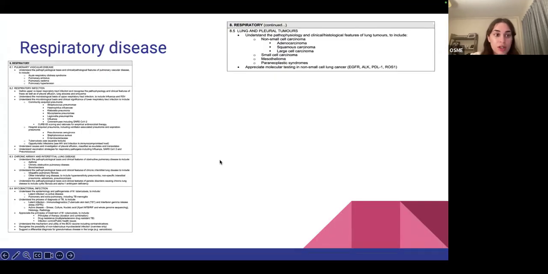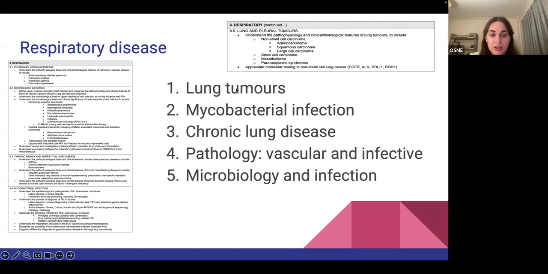So, as I mentioned, respiratory diseases is quite a big part, and the syllabus seems to separate it in slightly confusing ways, but to some extent, I think the most high yield parts will be things on lung tumors, mycobacterial infection, so TB related stuff, and chronic lung disease.